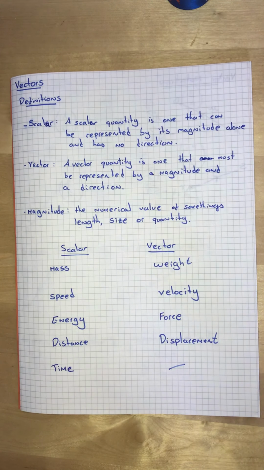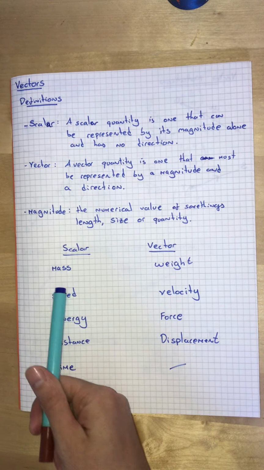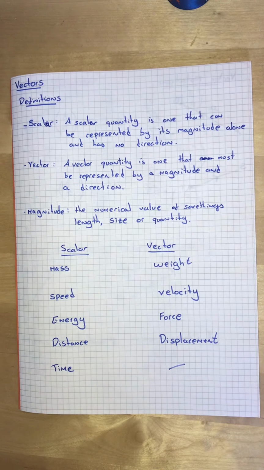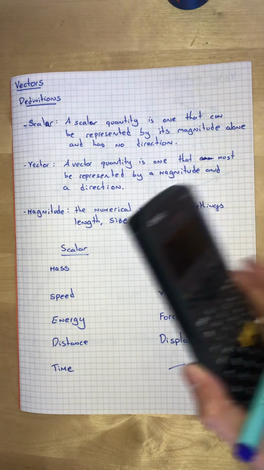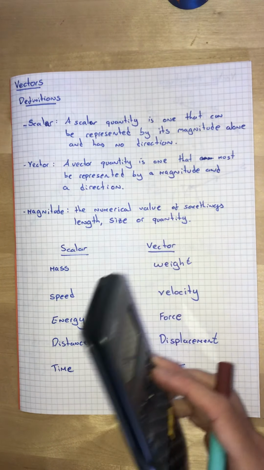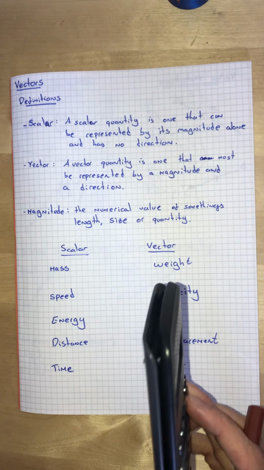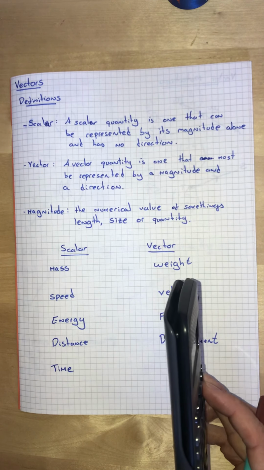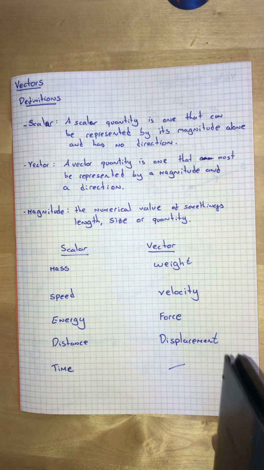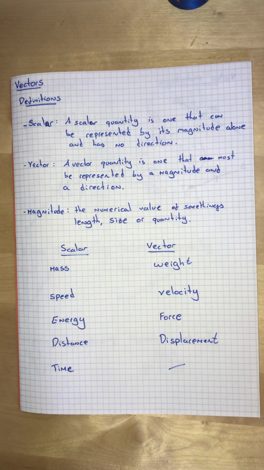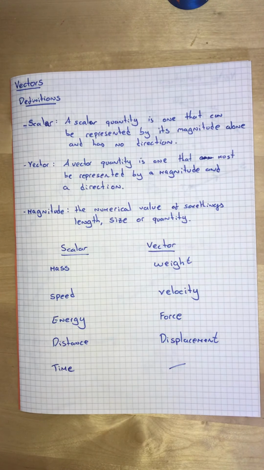However, when you put that object on the earth, gravity forces it in a direction, so that mass then becomes weight. Okay, because gravity affects you differently on Earth as it would on the moon. So this calculator will have the same mass no matter what, but it'll have a different weight on the Earth as it does on the moon. So therefore, because the direction is pointing it to the ground, and it's giving it weight, weight is a vector.